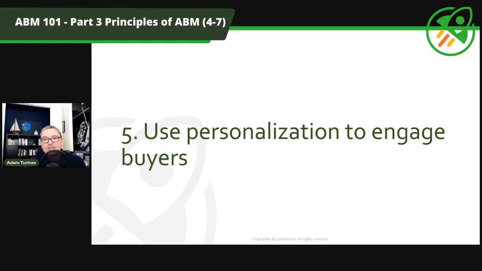Okay, let's talk about principle number 5. This is using personalization to engage buyers. Now, there are lots of different ways of doing personalization. At a high level, there's customization at a segment specific level.